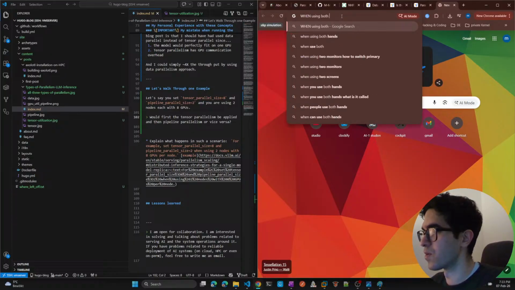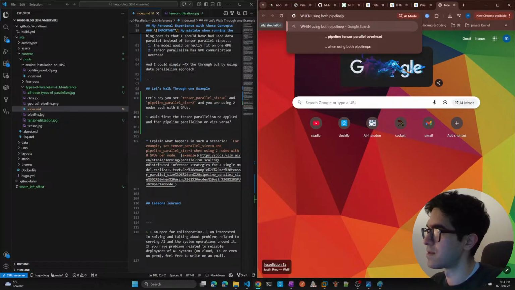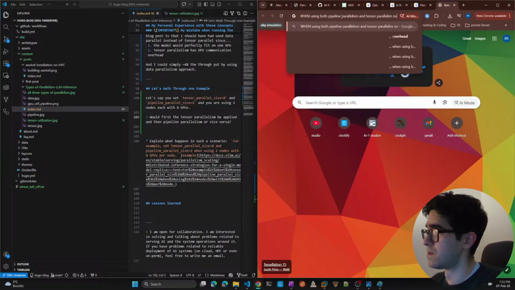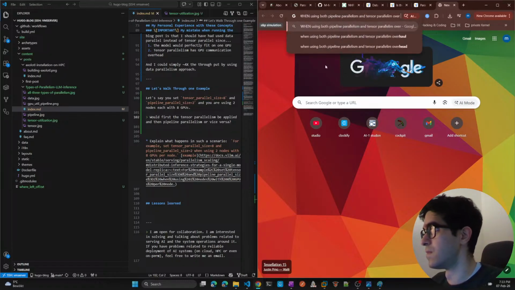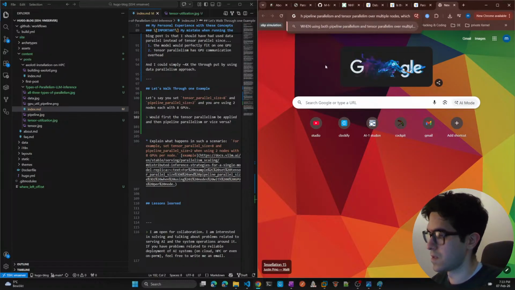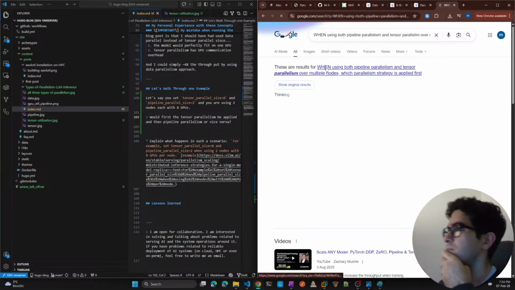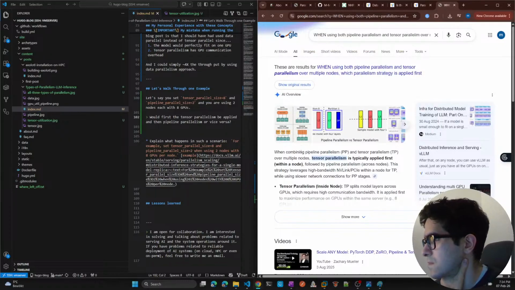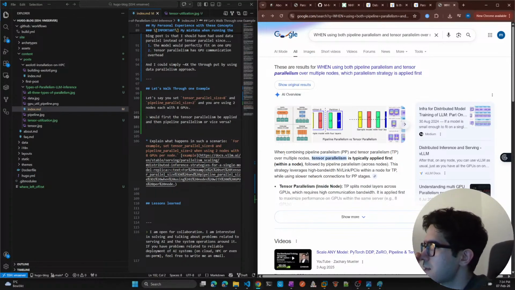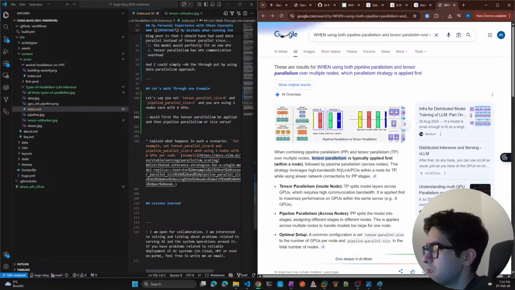When using both pipeline and tensor parallelism, when combining pipeline parallelism and tensor parallelism on multiple nodes, tensor parallelism is typically applied first within a node, followed by pipeline parallelism across nodes. Using slower network, I think.